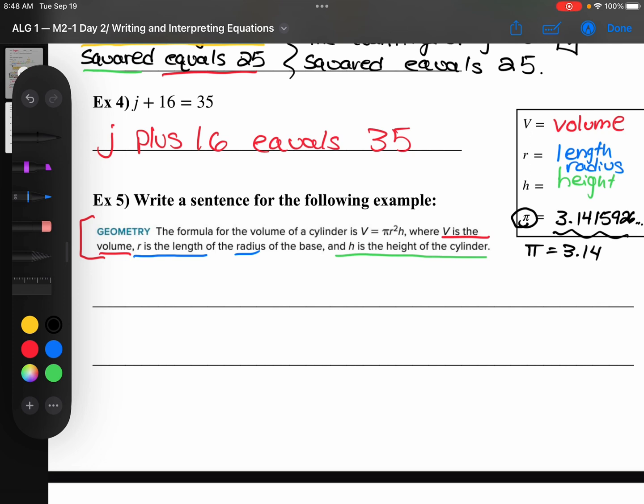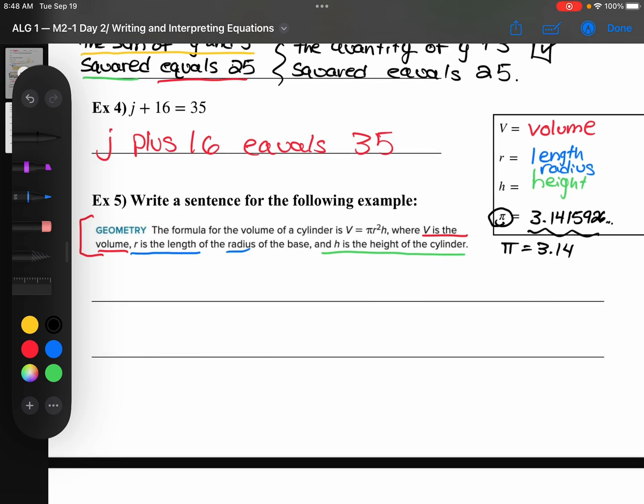Okay, so we need to write a sentence for the following example. Okay, so I have, let's see here. I have the volume, sorry, distracted by the hall.